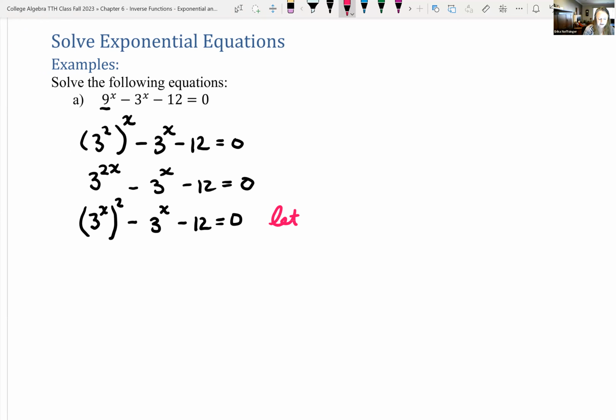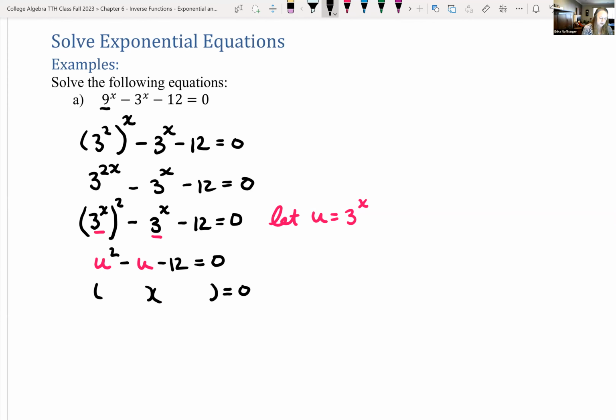So let's choose maybe u. Let u equal this 3 raised to the x power. So if we go back in and substitute in u wherever we see 3 raised to the x power, we have u squared minus u minus 12 equals 0.